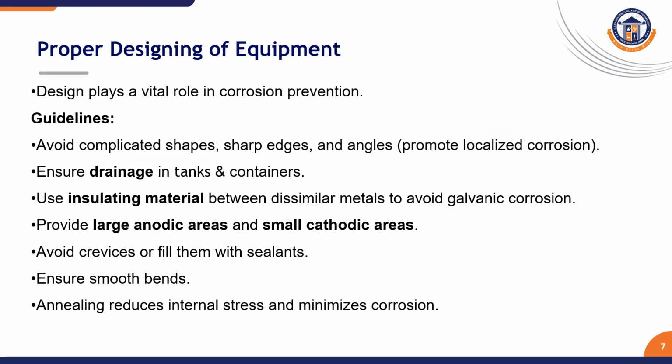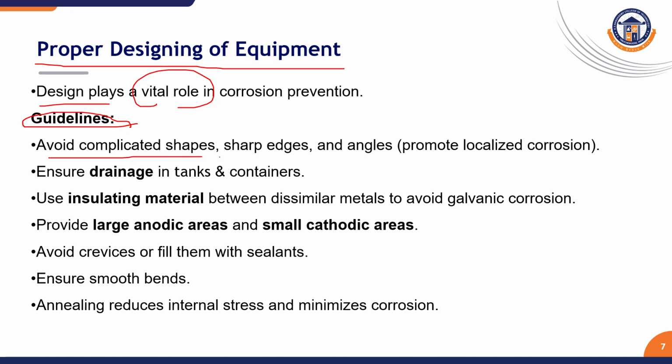The other one is proper designing of equipment, which also prevents corrosion. How do we properly design the equipment? Design plays a vital role in corrosion prevention. What are the guidelines for designing a particular equipment? Avoid complicated shapes, sharp edges and angles, because sharp edges and angles promote localized corrosion.